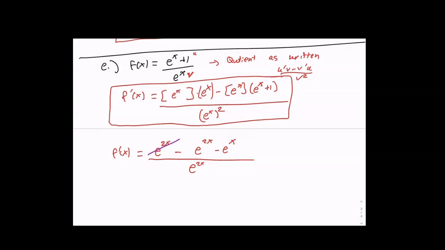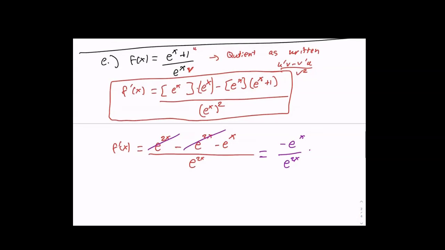The e to the 2x's cancel each other out, giving me negative e to the x over e to the 2x, which is e to the what? No, not 2x.